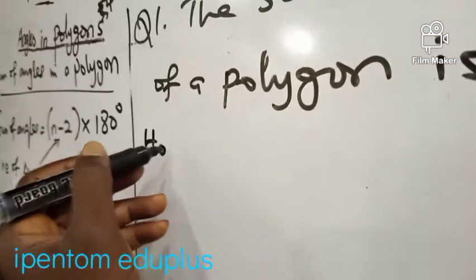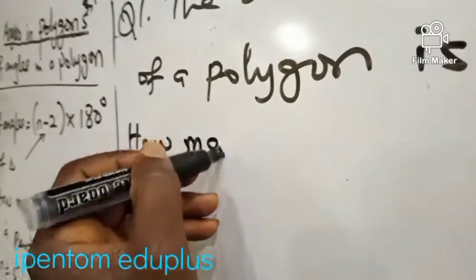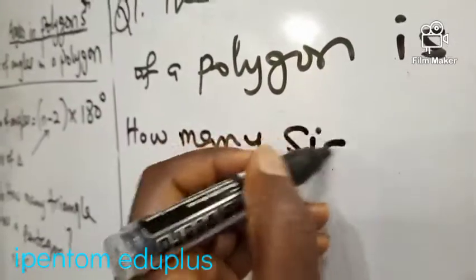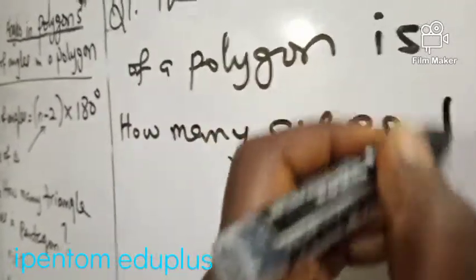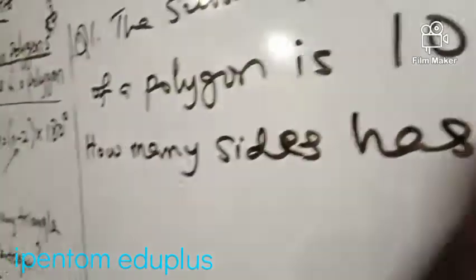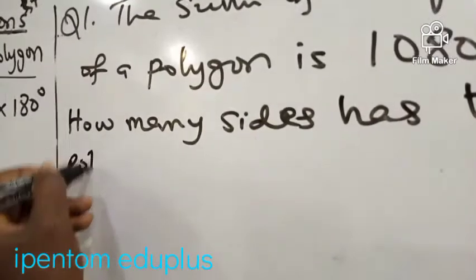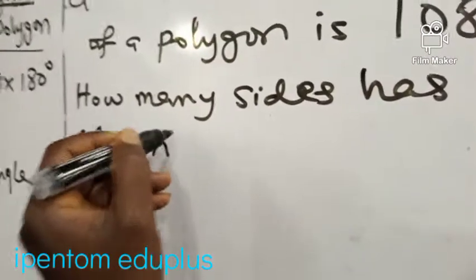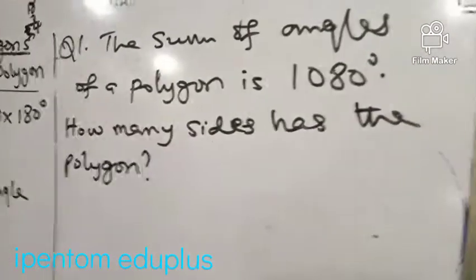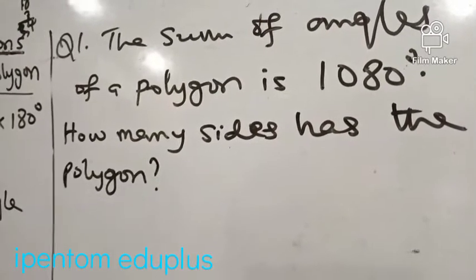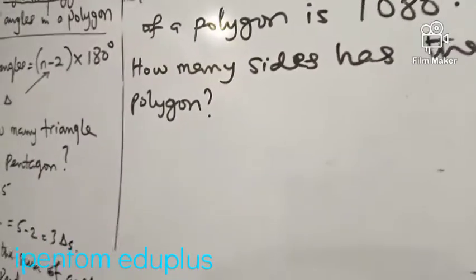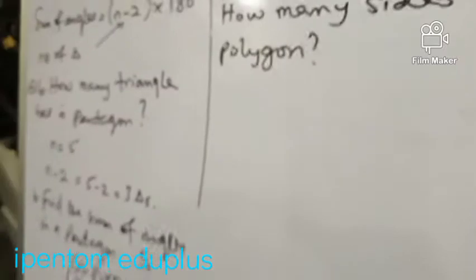How many sides has the polygon? You can see the question. The sum of angles of a polygon is 1080 degrees. How many sides has the polygon? We're going to solve this question now.